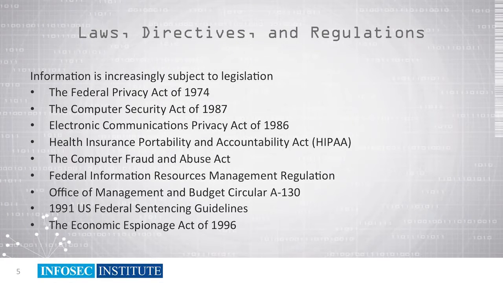The 1991 Federal Sentencing Guidelines provides sentencing guidelines for white-collar crimes and enhancements for using technology with those crimes. And the Economic Espionage Act of 1996 prohibits individuals from stealing or misusing trade secrets.